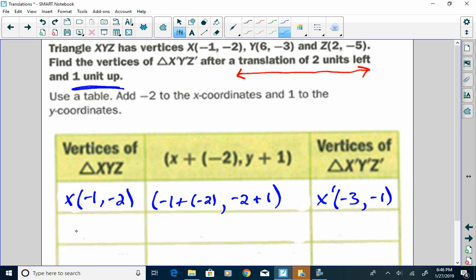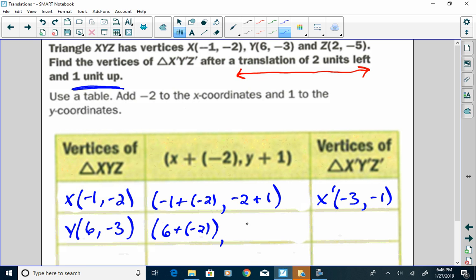Let's try that with point Y. Y is at (6, -3). In order to find the image point, we have to take our x value, which is 6, and take 2 away from that, or add negative 2 to that. So 6 plus negative 2 is going to be the x value of our image.